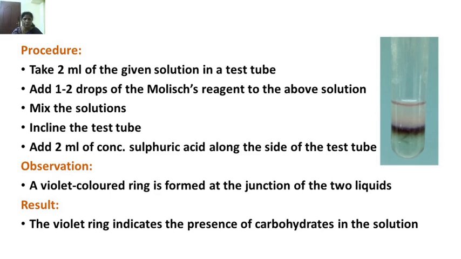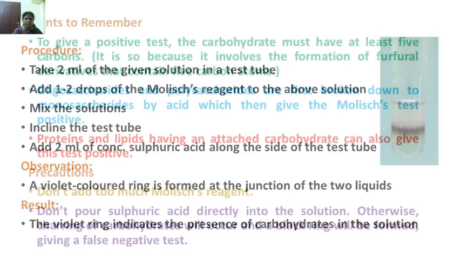Mix the solution well and then incline the test tube and add 2 ml of concentrated sulfuric acid along the side of the test tube. A violet colored ring is formed at the junction of two liquids. This shows that the violet ring indicates the presence of carbohydrates in the solution.